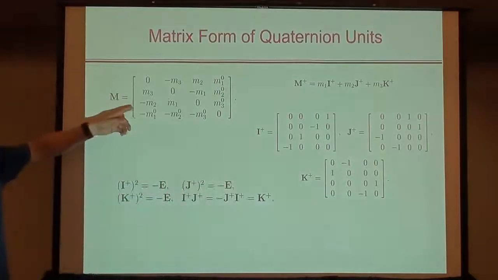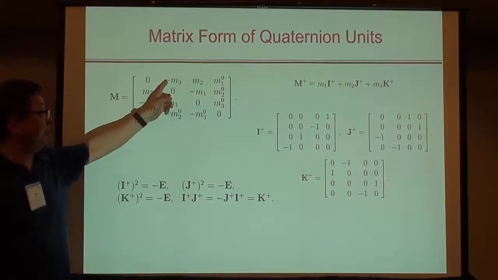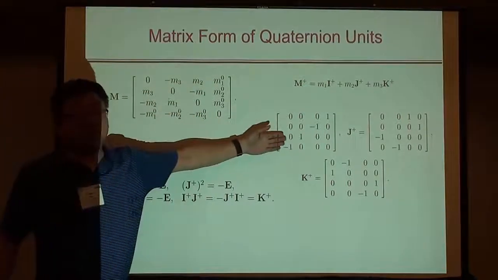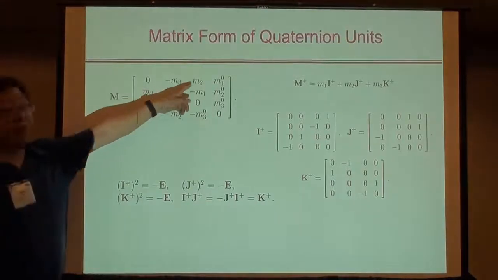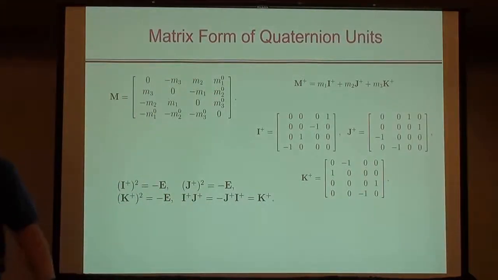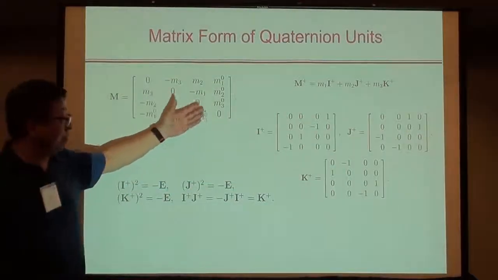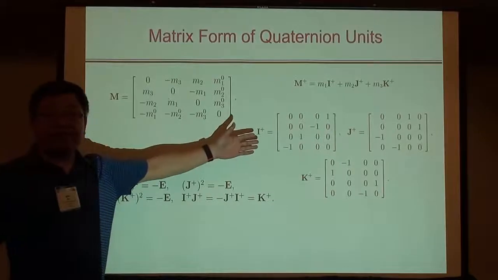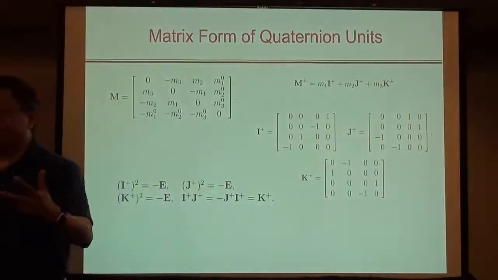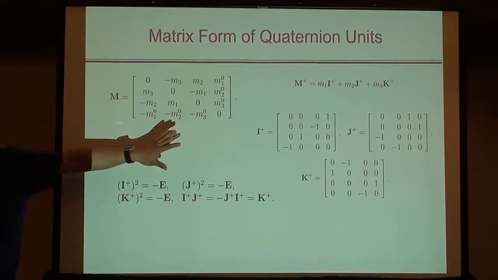Okay, so if you let M1 be equal to 1 and you let M2 and M3 be equal to 0, you will get this one, right? If you make M2 to be 1 and the rest equal to 0, you get this one. And the third, M3 non-zero, you get K. Okay? So these three are obviously basis vectors for this algebra. Okay?